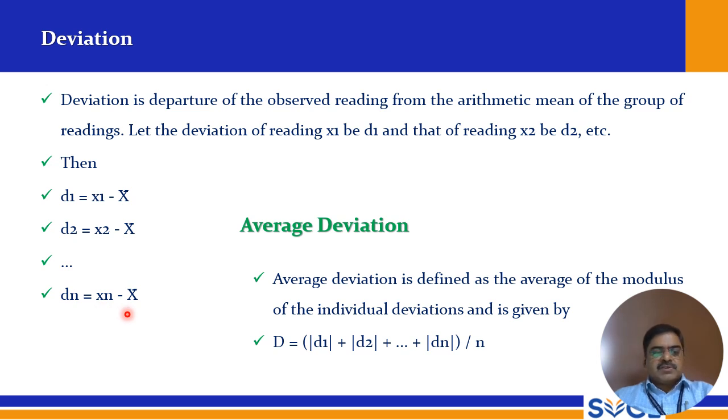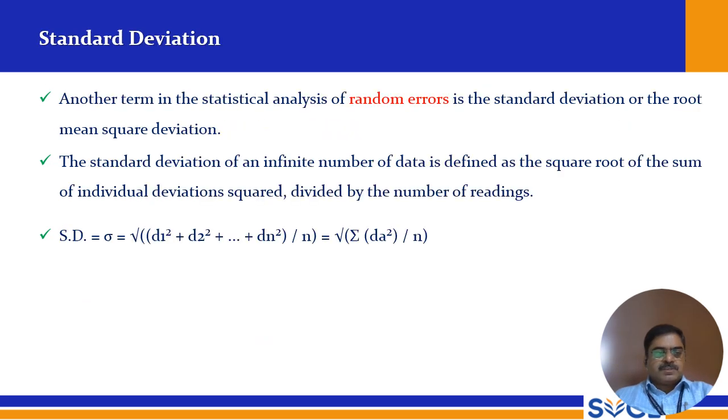Average deviation can be calculated as mod of d1 plus mod of d2 plus up to mod of dn, divided by n. However many readings you have taken, that is your n. So this is how you can calculate deviation and average deviation.